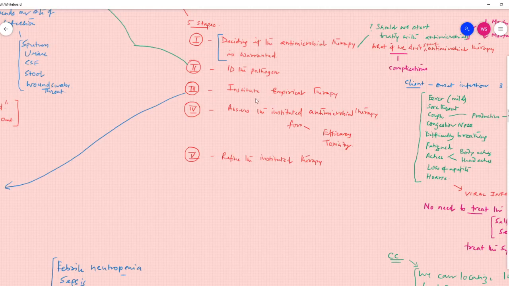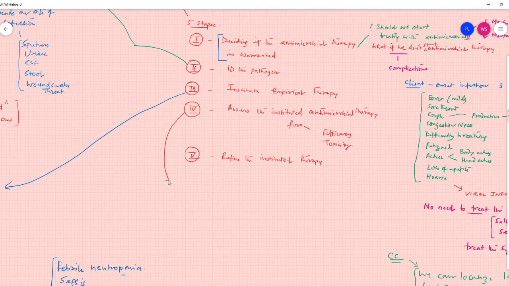By this time, we have given the specimen for culture. Before we get the result for culture and sensitivity, we have started the empirical therapy. So we are going to get the result of the culture after we have instituted the empirical therapy.